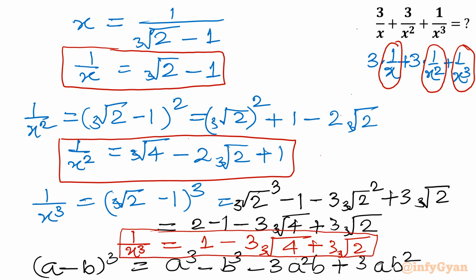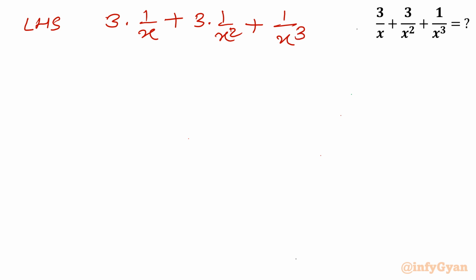Let us put over here in this expression all the three values, 1 over x square, 1 over x and 1 over x cube. Let us put. So I will write LHS 3 times 1 over x plus 3 times 1 over x square plus 1 over x cube.